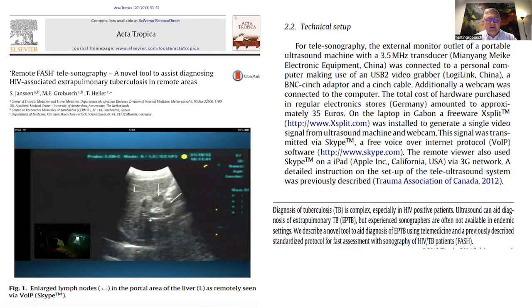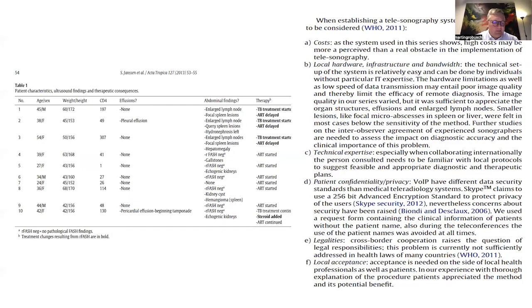And there are techniques like this. We have shown, for example, in a small cohort of patients in Lambaréné, Gabon, that such a remotely guided ultrasound assessment might lead to therapeutic consequences.